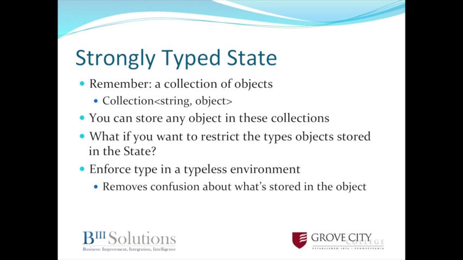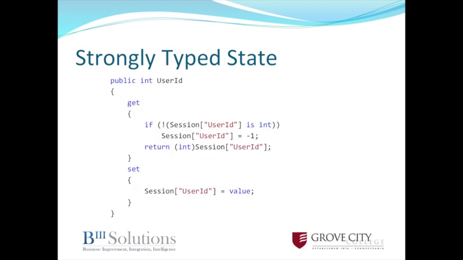A better way to do this is to pull all of your type checking and null checking into a separate wrapper class. Here, you can see an example of a strongly typed session object. We've got the user ID stored in a publicly accessible property of type integer. Instead of each page trying to access the session on its own, they can use this property to make things much cleaner.